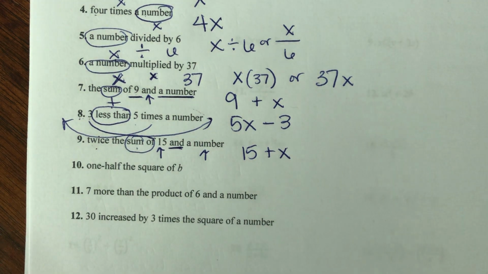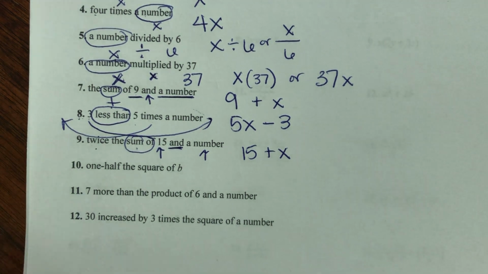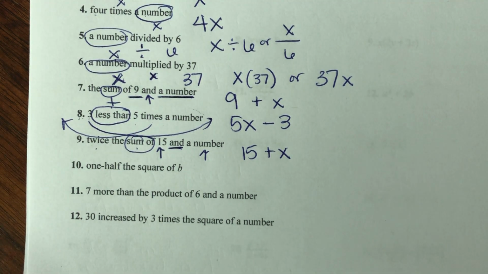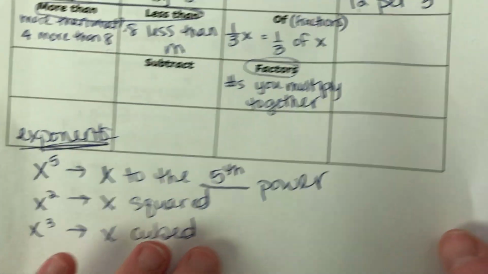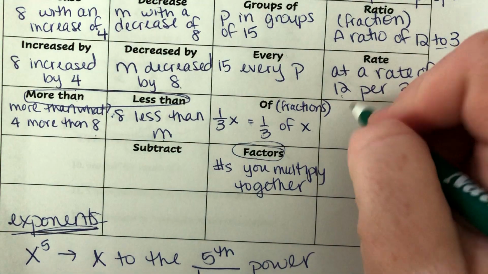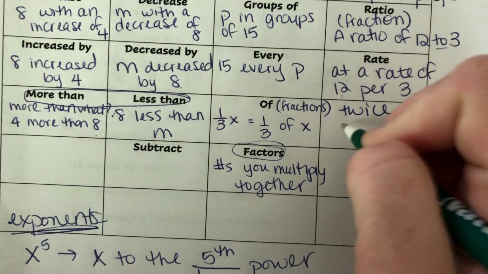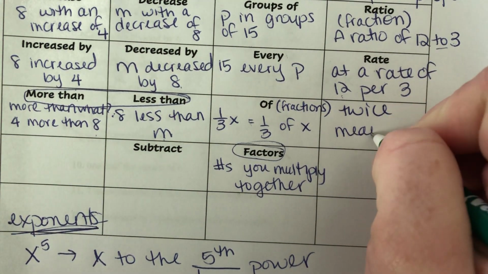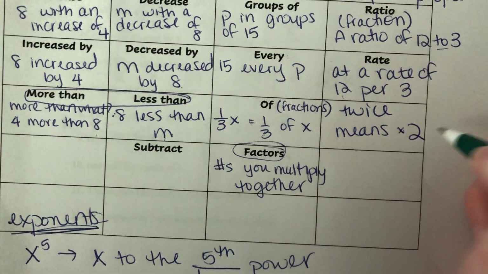I'm going to go back and add that onto my little chart here. Oh, I took that off. Hang on. I had a chart, and then I improved upon it, and that's the old one. All right, multiplication over here in this far column. I'm going to write twice means times 2.